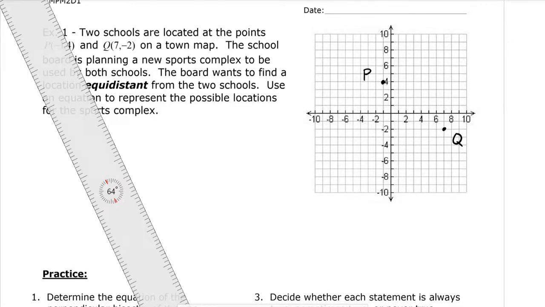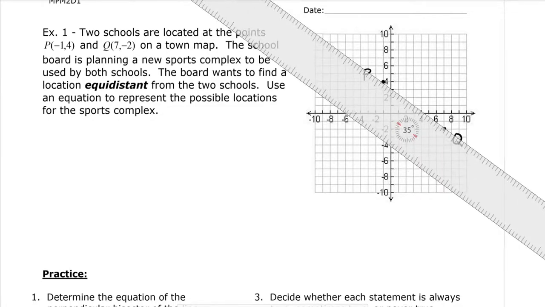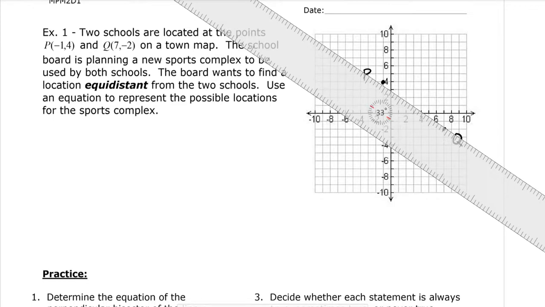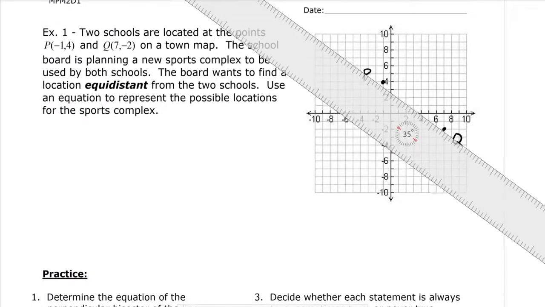And let me see if I can draw that line a little bit better. You want to make sure it's a proper line segment, and it's hard to get things accurate.